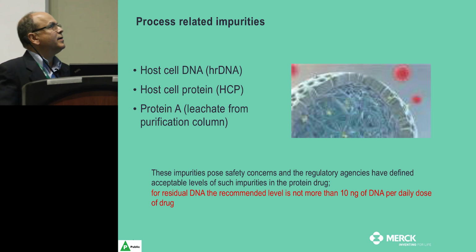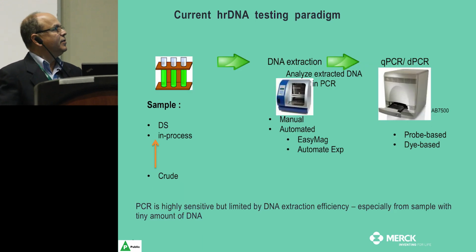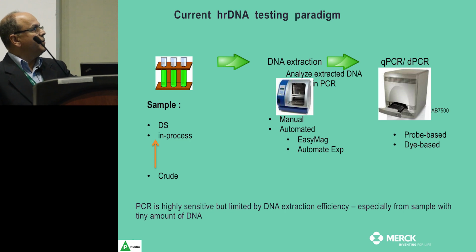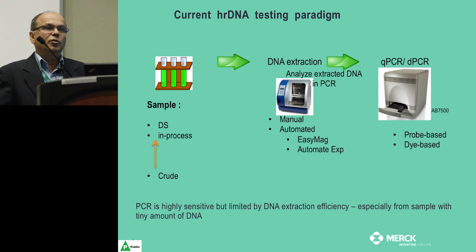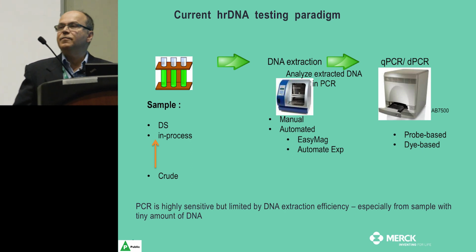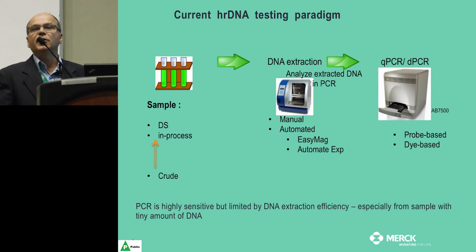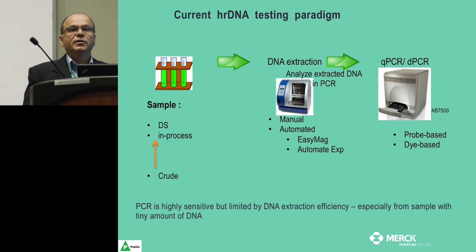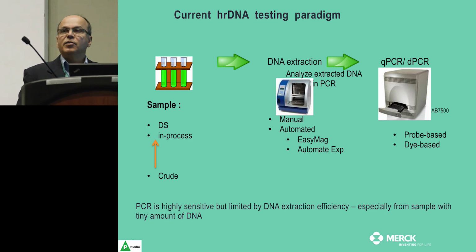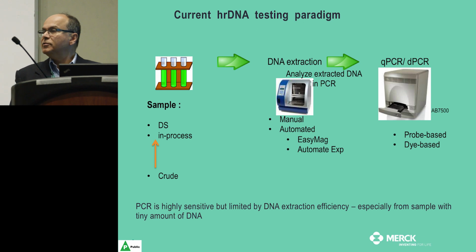Now, the current testing paradigm is this. For example, it used to be dot blot hybridization to quantify or detect the amount of DNA in the drug, and then later there was an immuno-based threshold method, and later PCR or qPCR was employed for quantification of DNA.